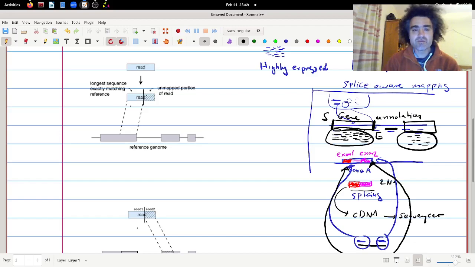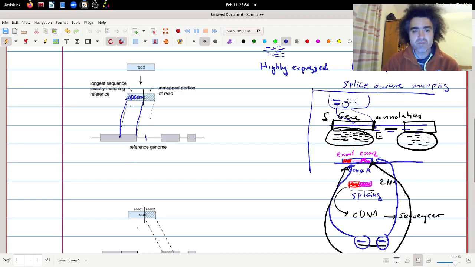STAR does not know actually where splicing might happen, but what it will try to do is to find the longest left part of the read that is mapped somewhere on the genome. So for example, this part here, I will just put a blue color here. This part here is mapped on this position of the genome, and this one is not mapped here.